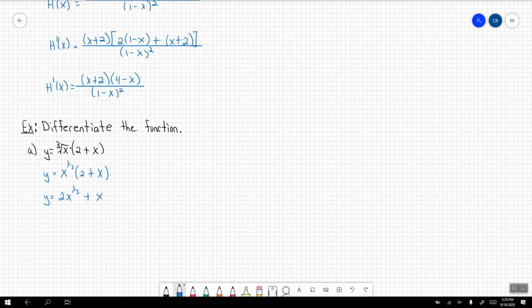X to the 1/3 times x to the power of 1, we add their exponents. So when we add their exponents, we now get 4/3, or x to the power of 4/3.